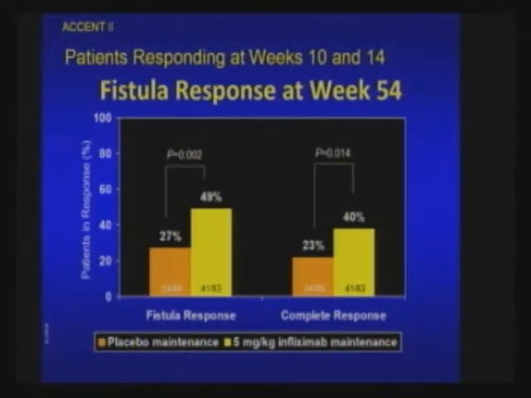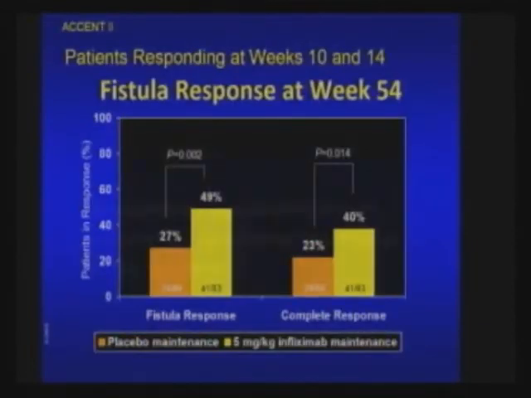And you can see that there was a significant, better response, either just in fistula response, and again this is the standard of decreased drainage, and in complete response there was an improvement in the patients who had infliximab.